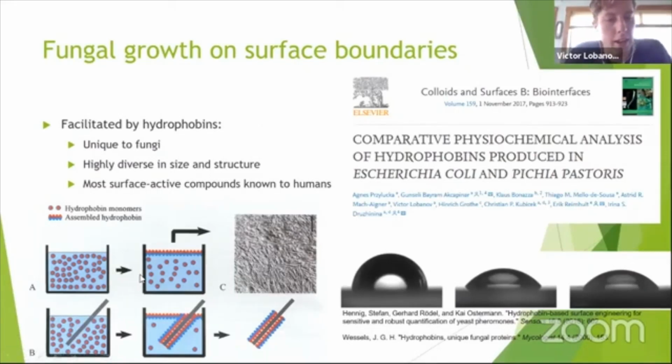Hydrophobins are used by the fungi to grow on surfaces. It could be a water-air surface, it could be a water-solid surface, but basically they're very happy with water-dominant environments.